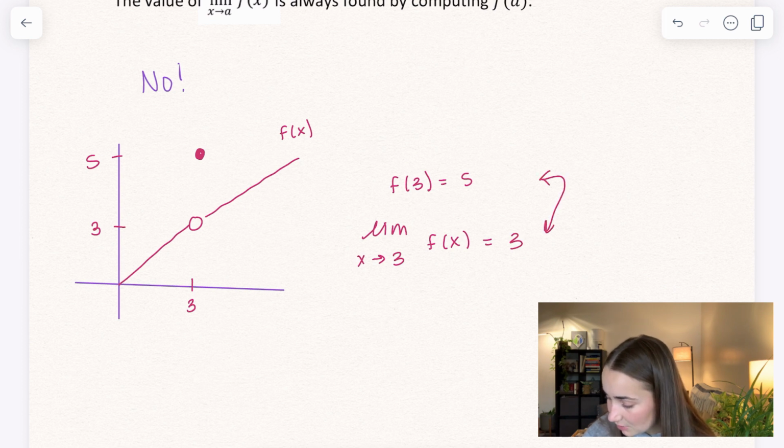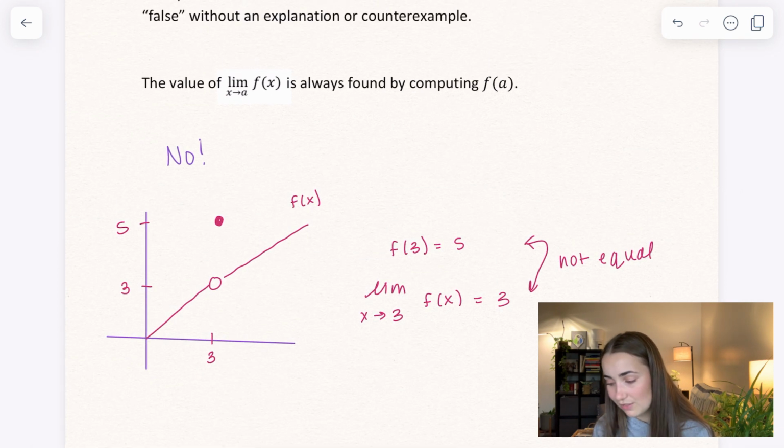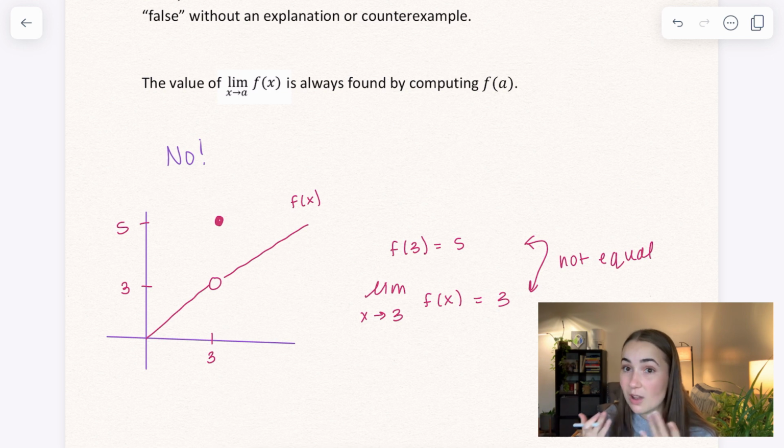And we can see that these are not equal. So the value of the limit is not always found by just computing f of a. So I suggest drawing a picture. You could also draw a vertical asymptote if you wanted. You could also explain yourself. I think drawing a picture is nice, but that's just me.